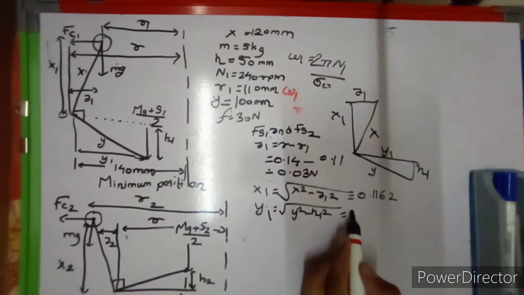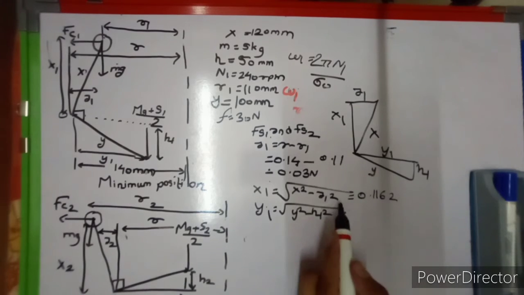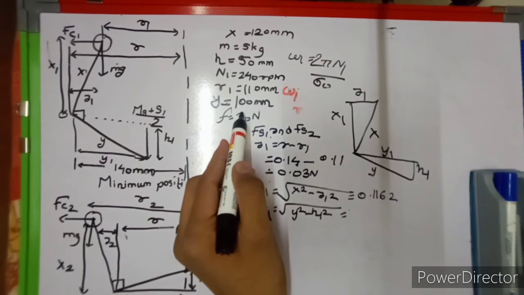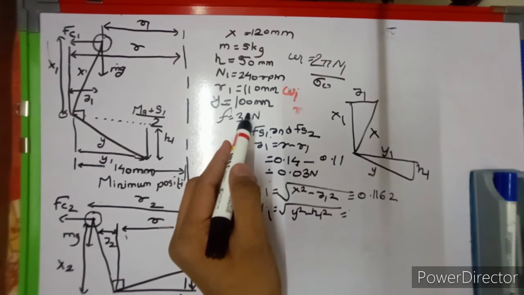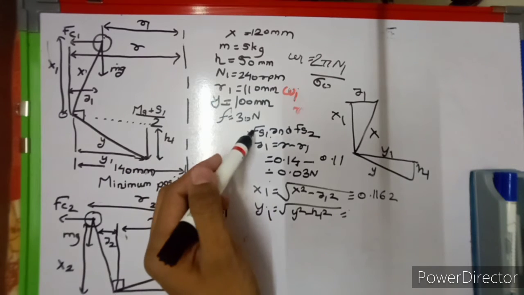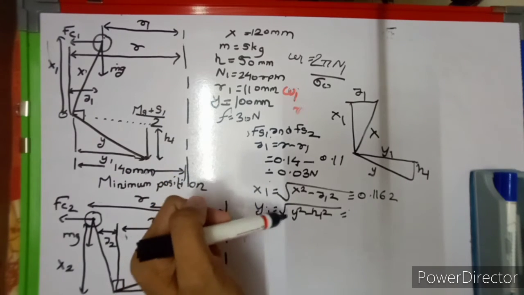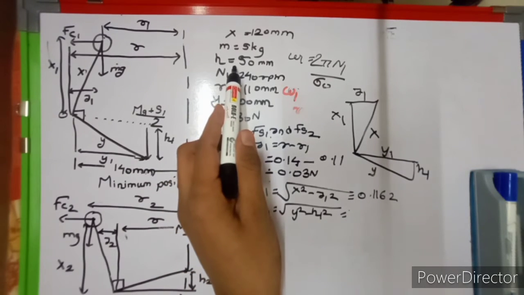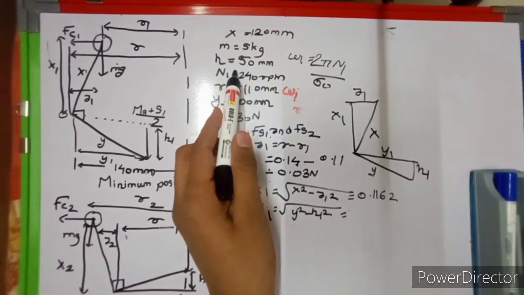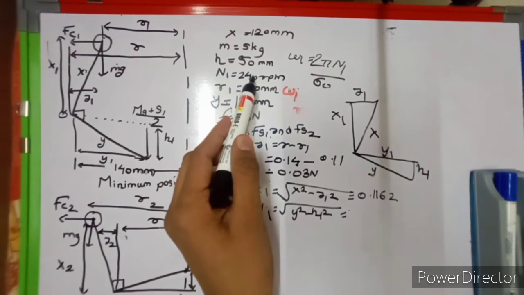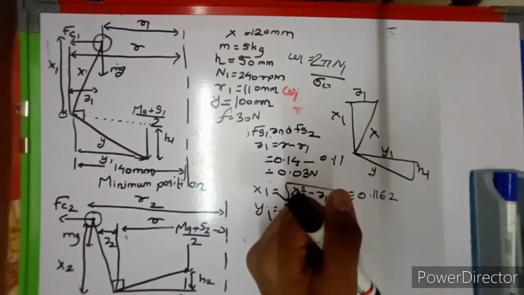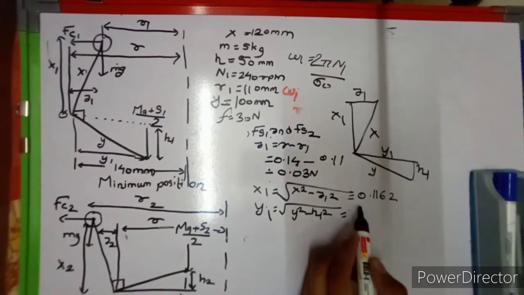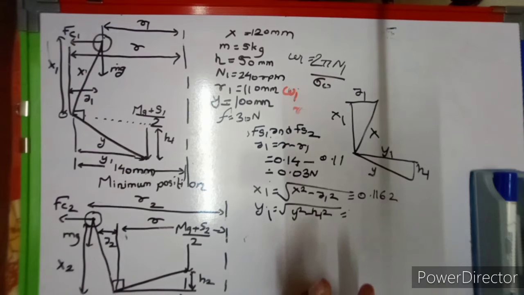And for y1, root of 0.1 square, y1 is given 0.1 square, and value of y is 0.1 square, y1 we have to find, and h1 is 0.025. So how we got h1 is equal to 0.025? H1 is equal to h by 2. What is the actual sleeve lift?